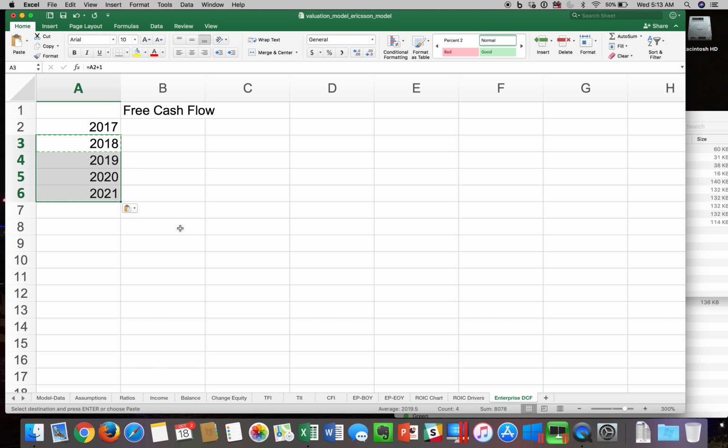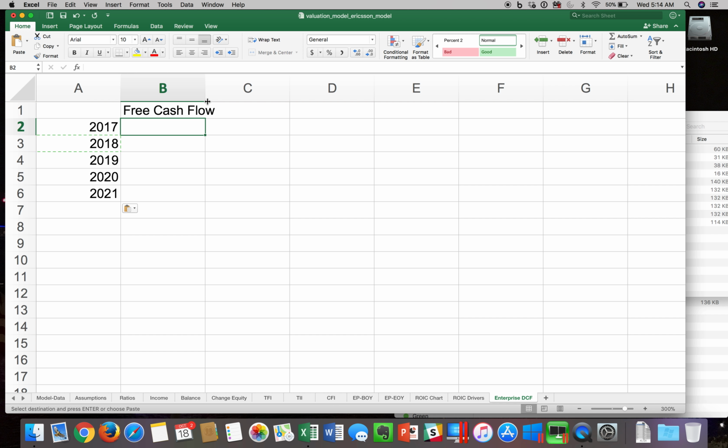That will be known as the defined forecast period. Year 6, which is why you always forecast n plus 1 years, is the first period of the perpetuity or continuing value period. That would be 2022.